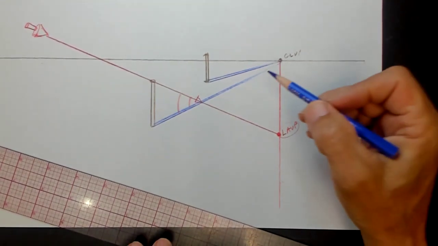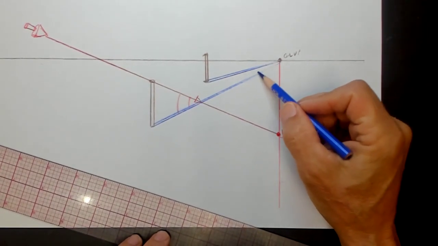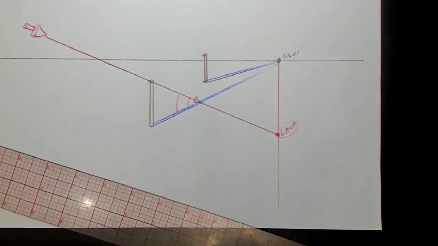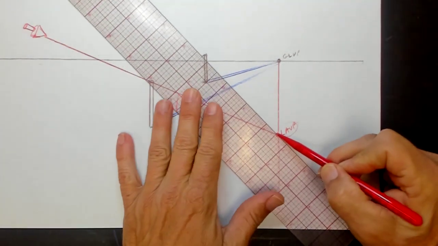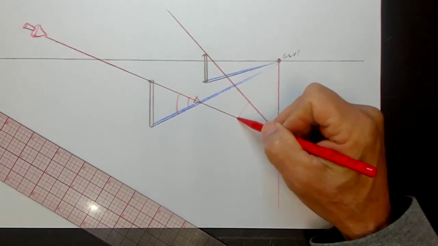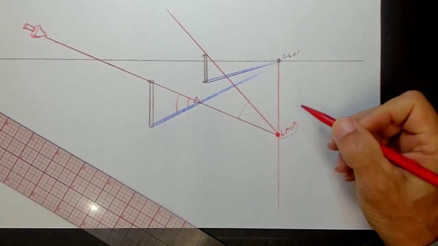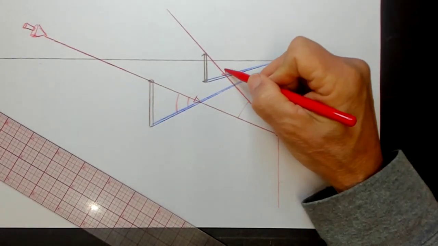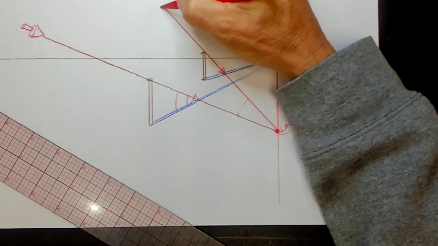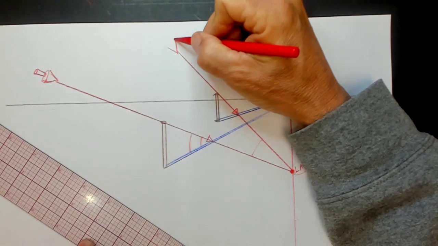So they're not really getting closer together back here. They're just getting farther away from the viewer. And then these two lines that go to this light angle vanishing point are also parallel with each other because they're going to the same vanishing point. So this is going to the sun also.